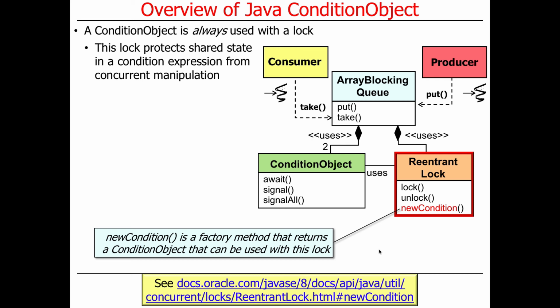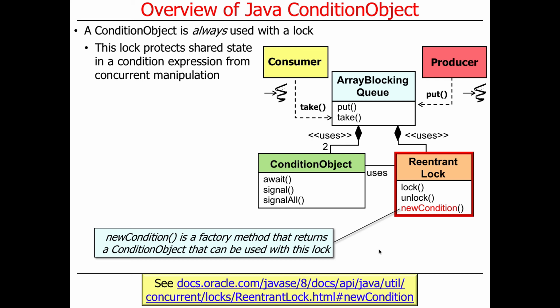The question is, how does a condition object differ from a condition variable? Remember we talked before about the concept of a mutex or a recursive mutex. I said ReentrantLock is one way that Java implements a mutex. There is also StampedLock as another way. It doesn't happen to be recursive, but they're both examples of mutexes.